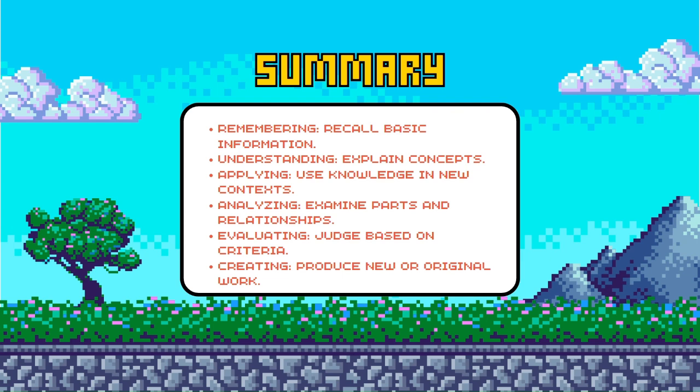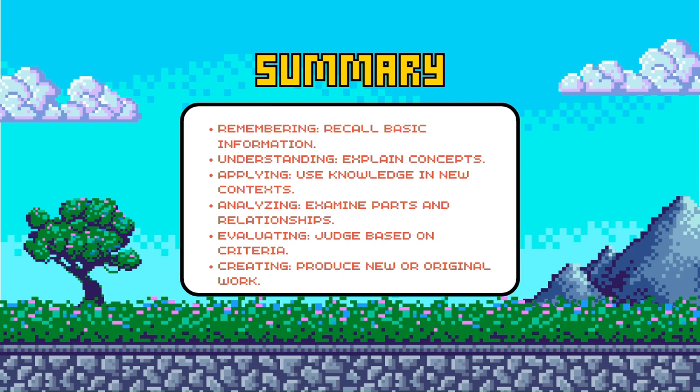It takes the understanding of knowledge and puts it to use in real life situations. Next, we have analyzing, where it breaks down and interprets the relationships between concepts, examining parts. Next, we have evaluating, which judges based on criteria involving critical thinking and decision making skills.